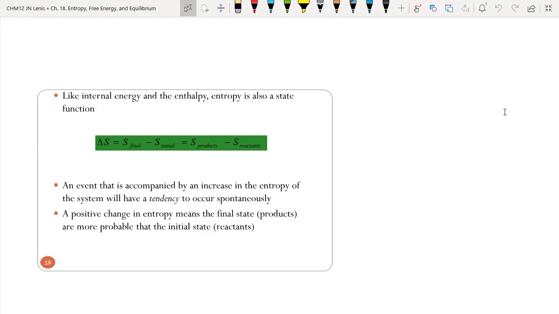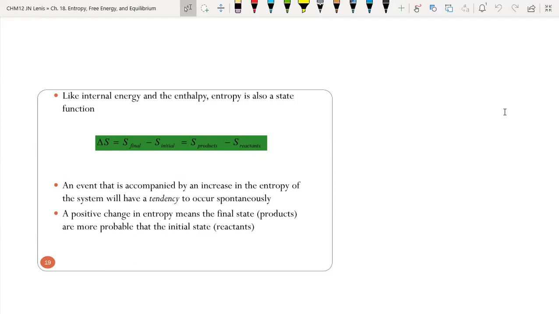Entropy is also a state function. So we can measure final states and initial states of the system. We can measure the change of the entropy of the system.